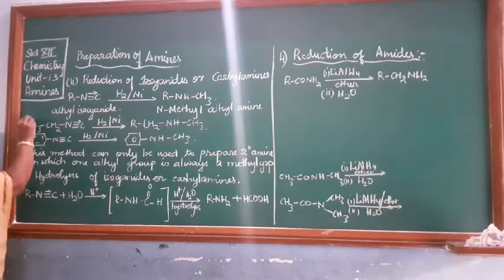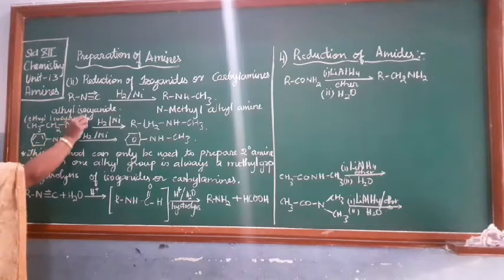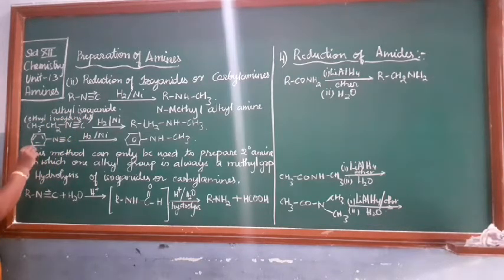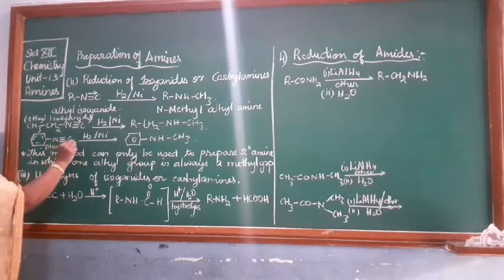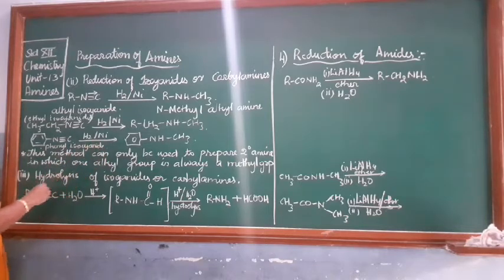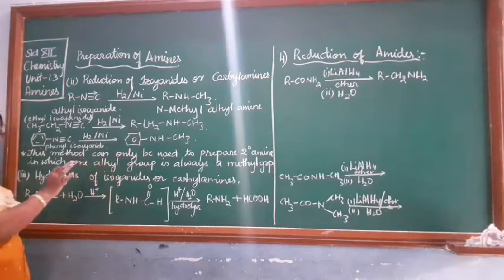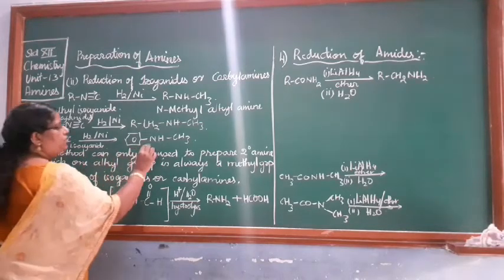I write the names here. This is ethyl isocyanide, okay, and this is phenyl isocyanide, okay, and what do you get? N-methyl aniline.